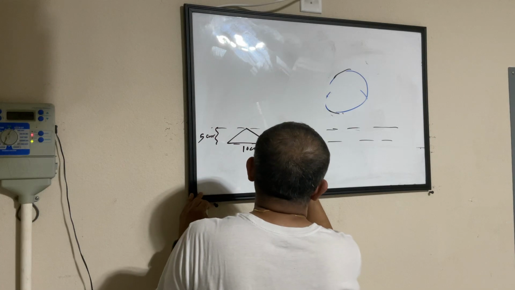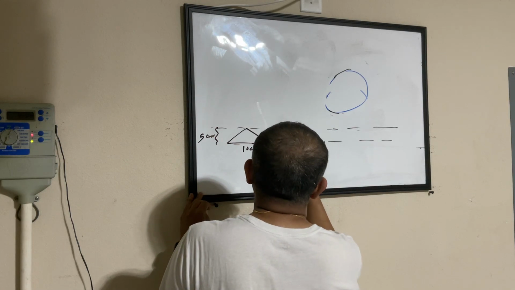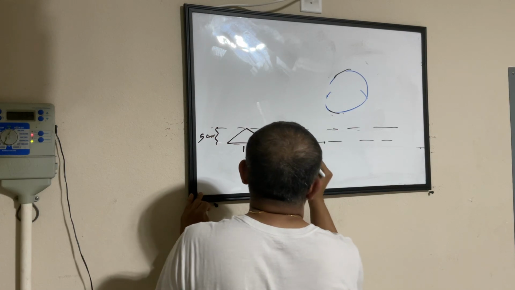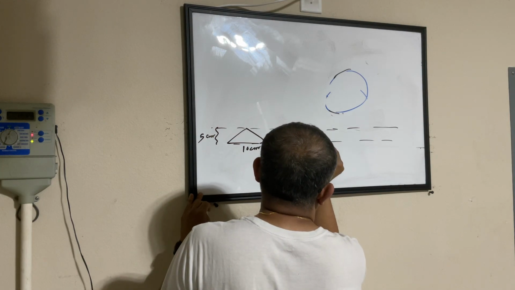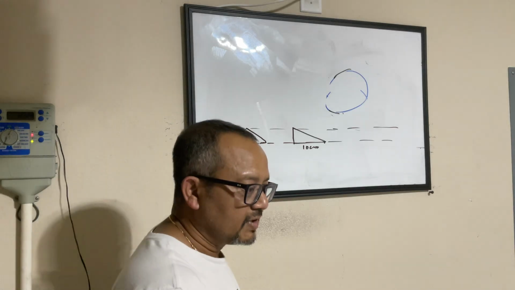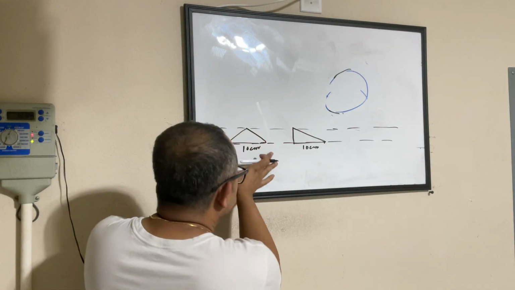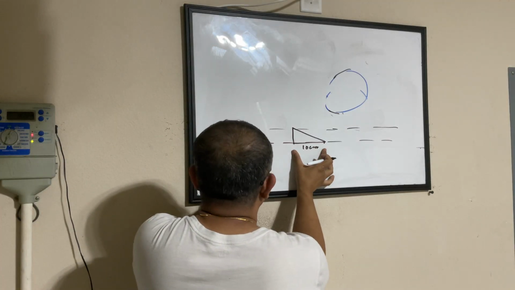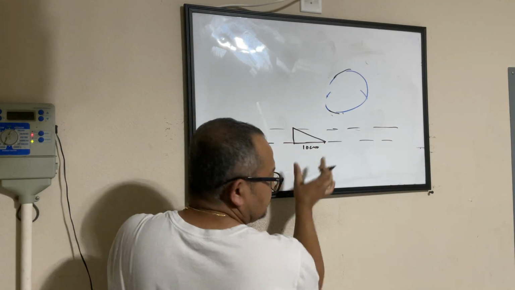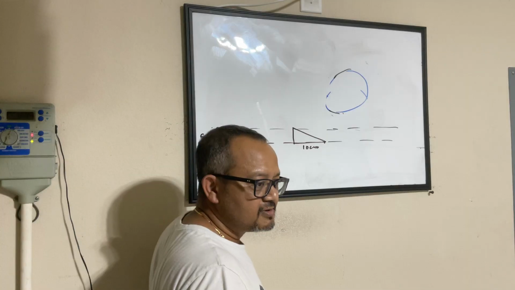Let me draw another triangle with the same base, 10 centimeter. But this is a right angle triangle. Okay? So both the triangles have the same base, 10 centimeter, and the same height also.